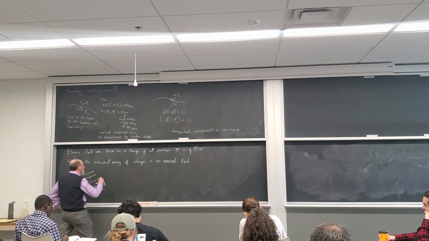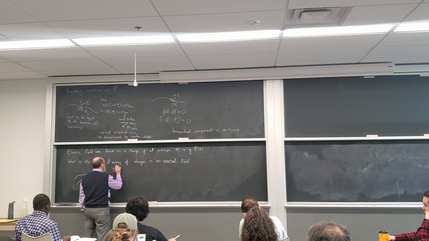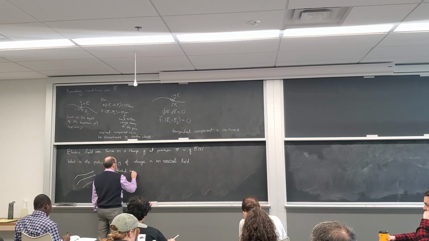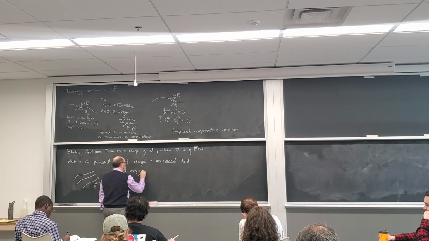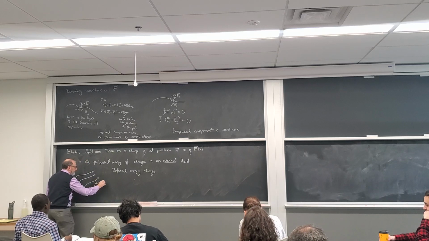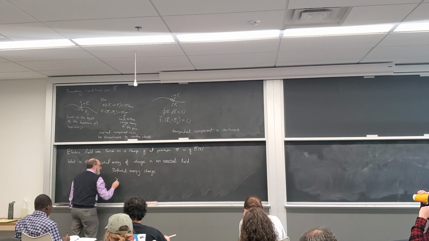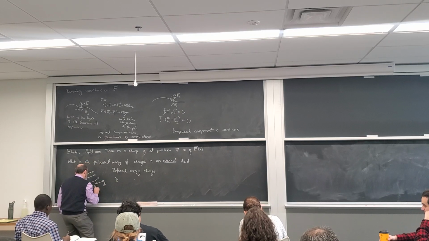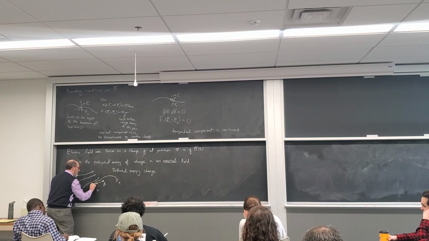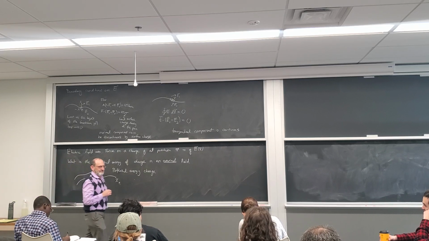So the work I did, so the potential energy, in going from, say, I started out here at position, let's say this is XA, this is XB, and I move the charge somehow from here to here, okay? How much work did I do to do that?